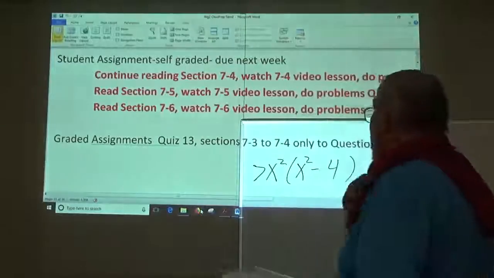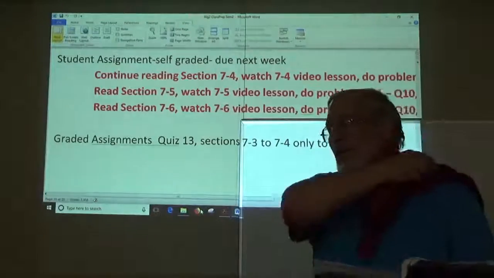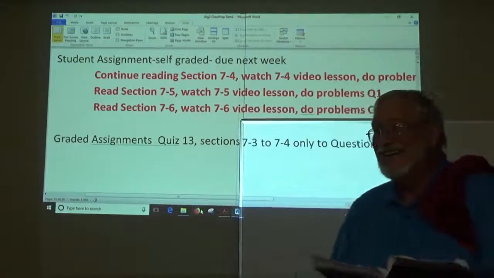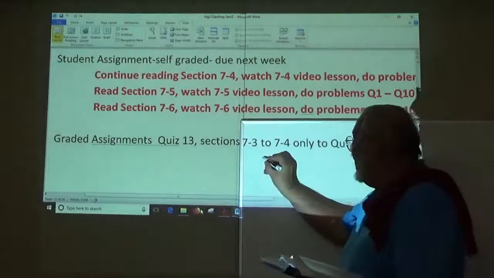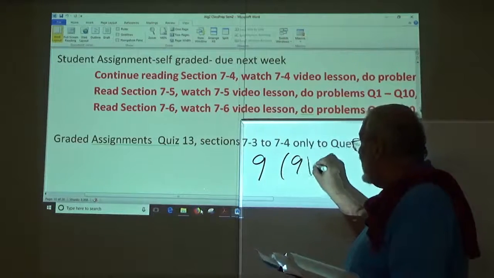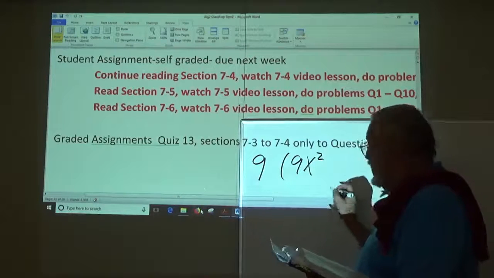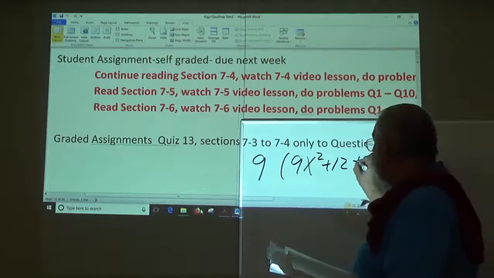All right, we need to look at that one. By the way, I hate that. That's terrible. Okay, so if we take out 9, we have 9x squared plus 12x plus 4.